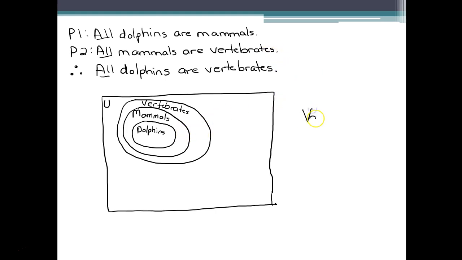Yes, we can. This is a valid argument. Valid conclusion. Because all dolphins have to be in the mammals category. All mammals have to be in the vertebrates category, according to the two premises. So from there, dolphins are automatically entirely inside the vertebrates category. So all dolphins are going to be vertebrates. So valid.